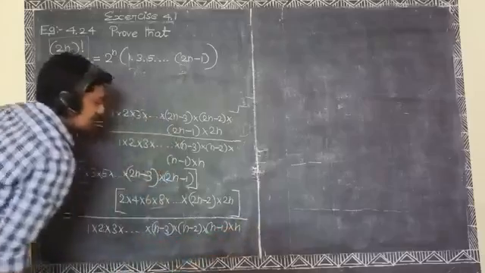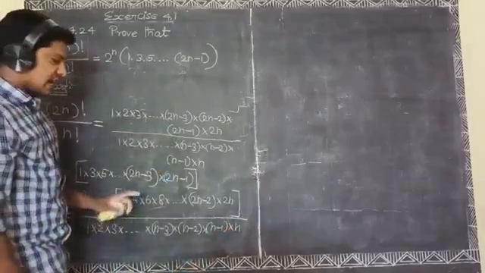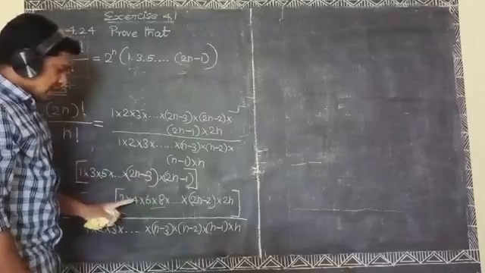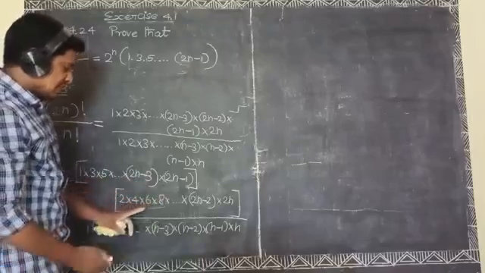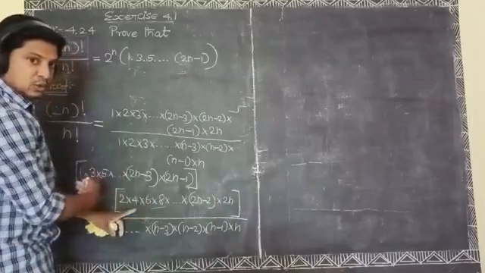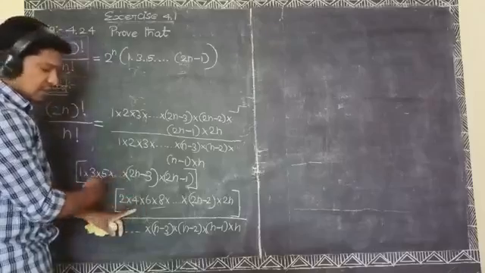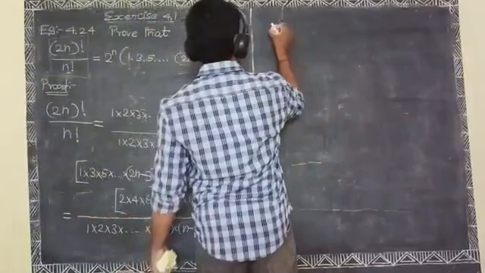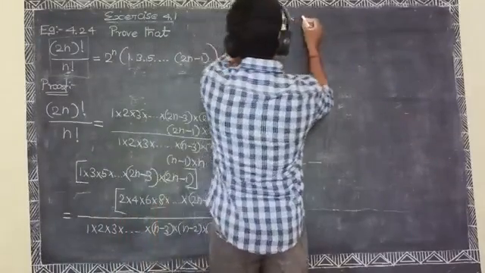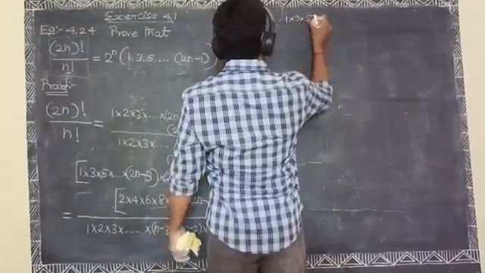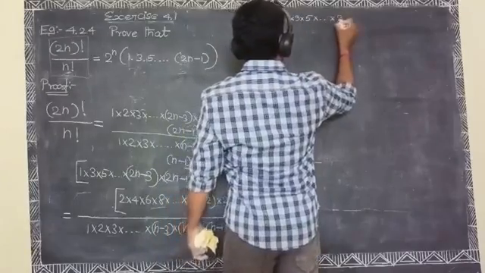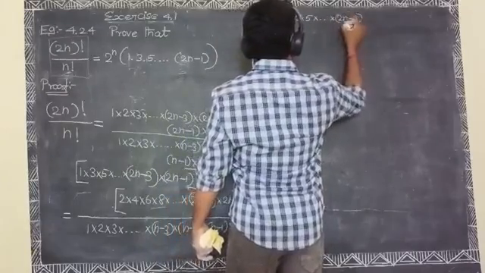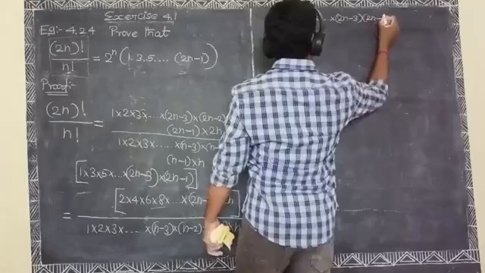Then the numerator we can change into the product of the even numbers. Take 2 outside in all terms. Then the numerator is 1 into 3 into 5 into and so on, 2n minus 3 into 2n minus 1.